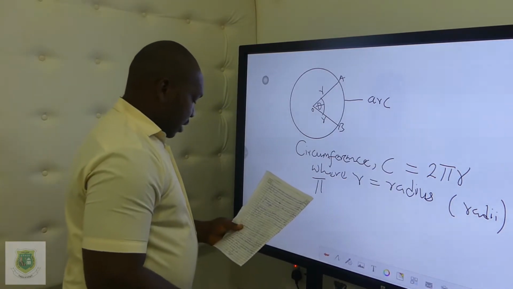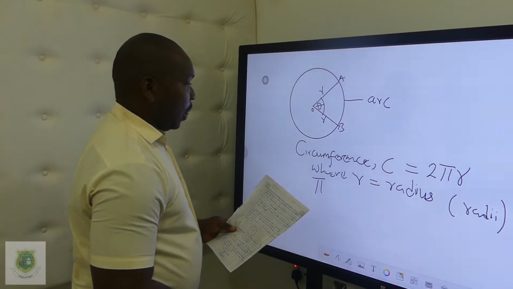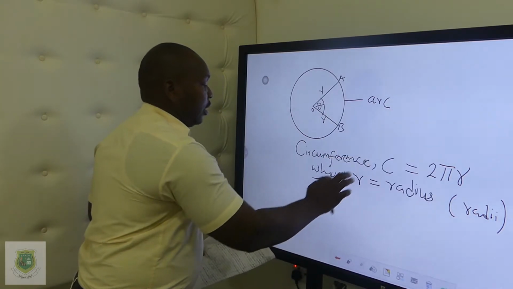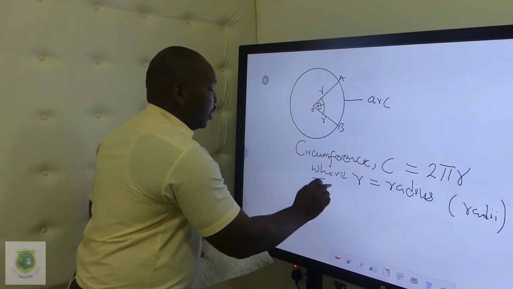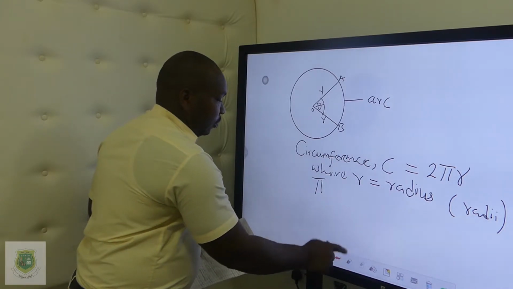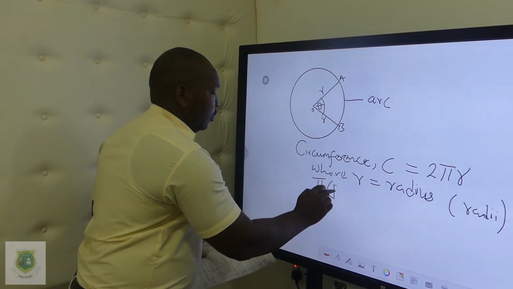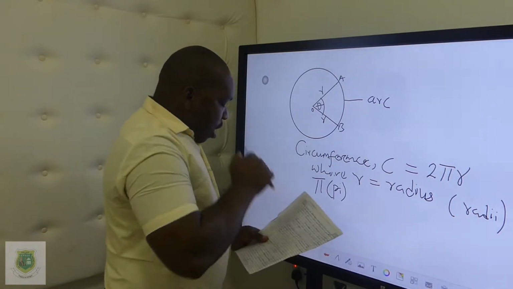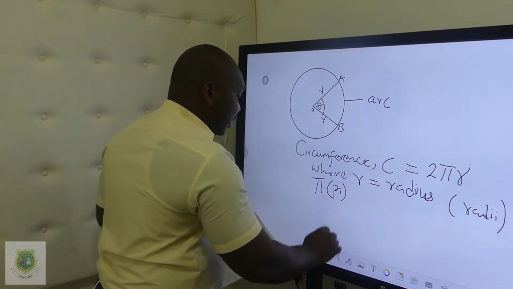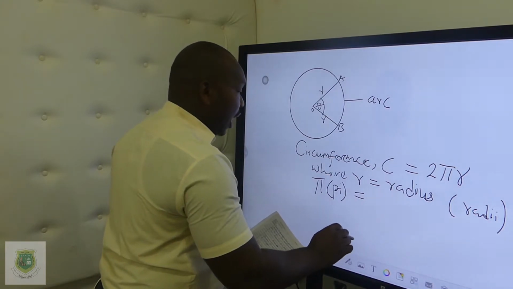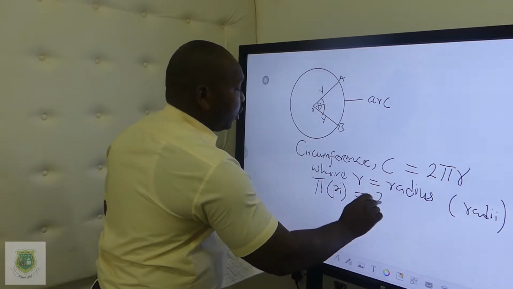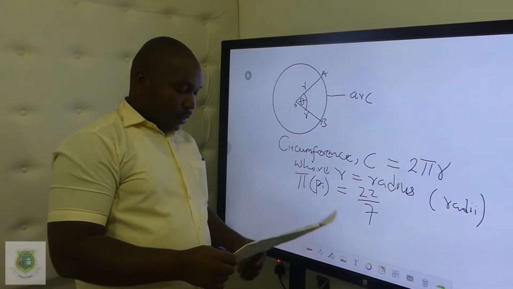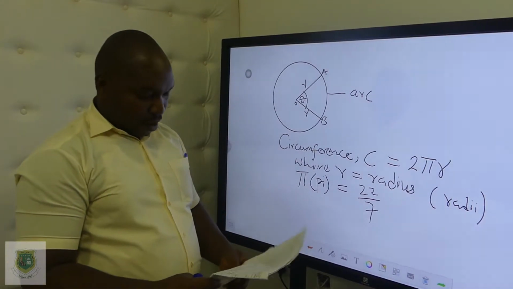This pi is a Greek letter, and it has the value of 22/7. That is the value of pi.